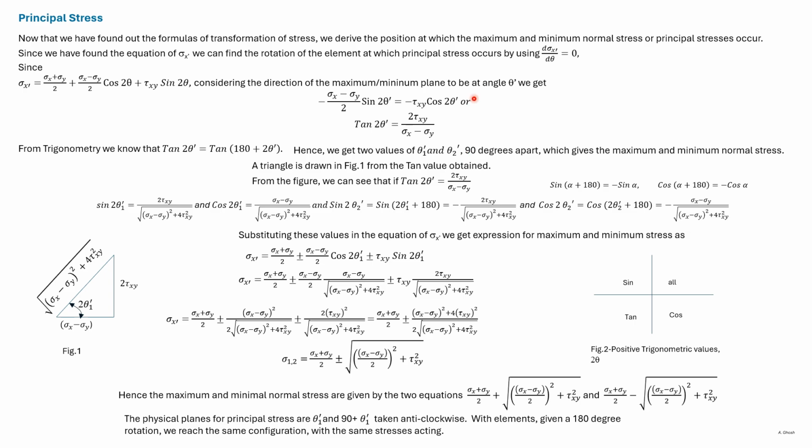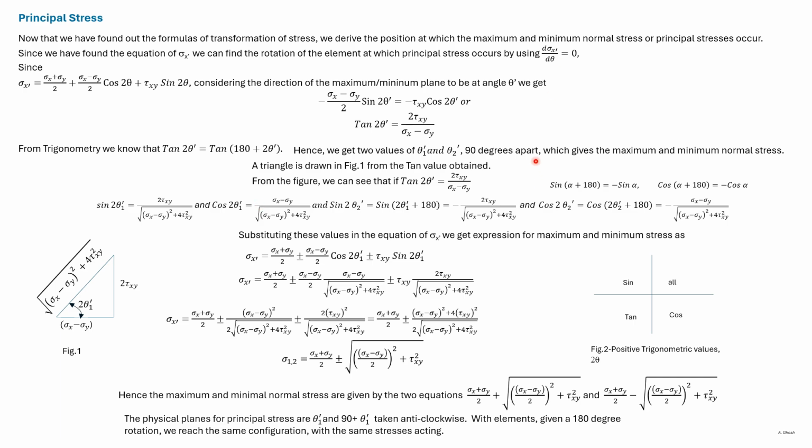From this equation, we can form this triangle. It helps us to find out the other trigonometric functions. So here we give sine 2 theta 1 dash and cos 2 theta 1 dash.